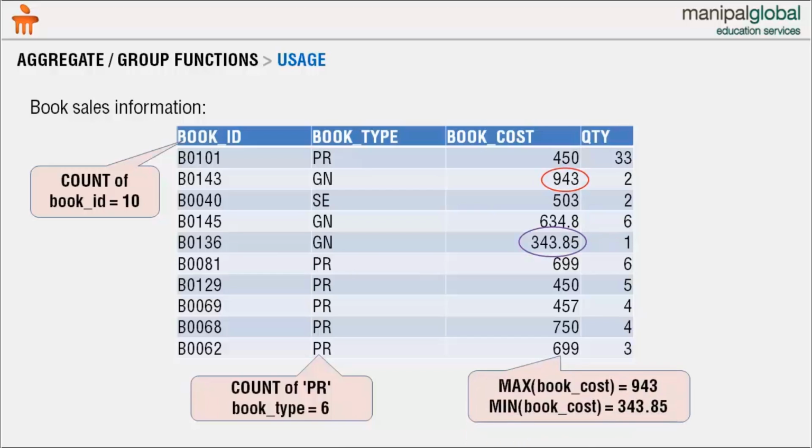I can apply max and min both together. Max book cost, as you can see, is 943 here, and minimum book cost is 343.85, and sum of quantity is 66 and average quantity is 6.6. So, this is an illustration of how an aggregate function works on a set of rows.